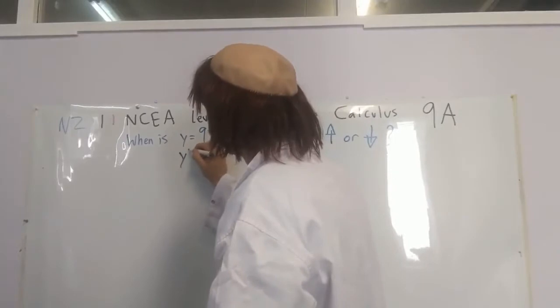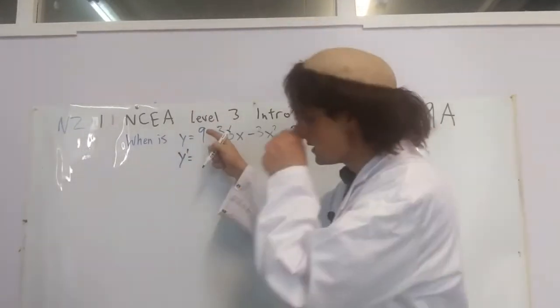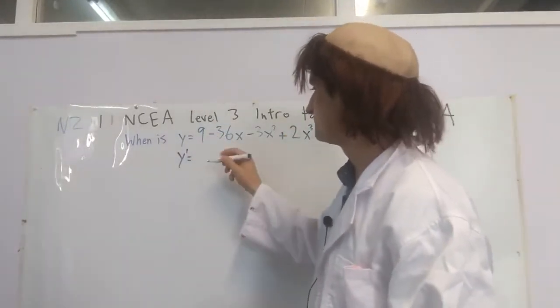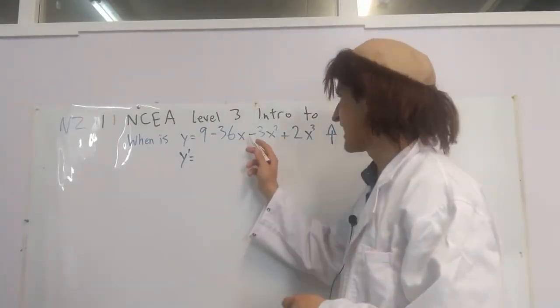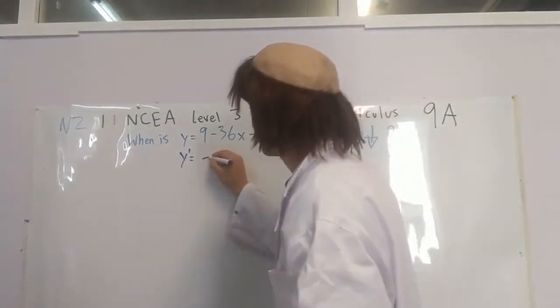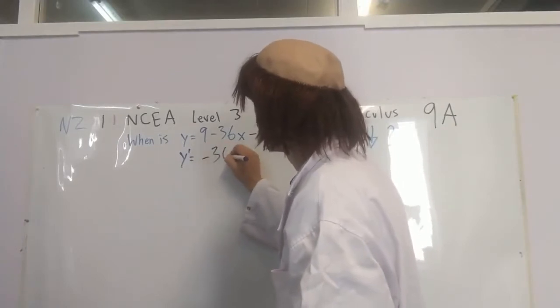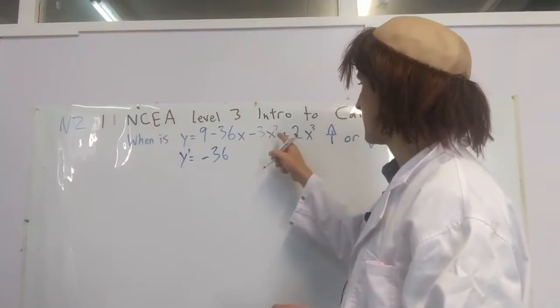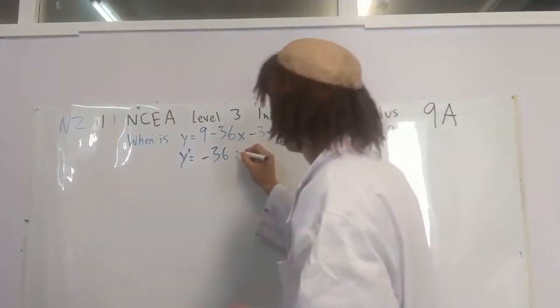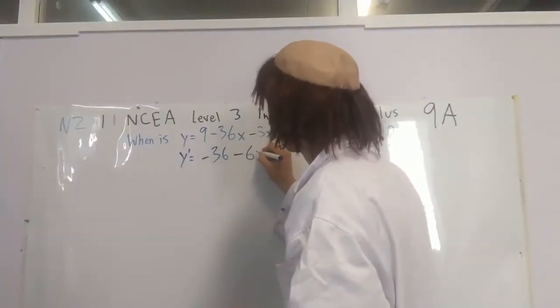So y prime equals the derivative of 9, which is 0. Negative 36x becomes negative 36. Negative 3x squared becomes negative 6x.